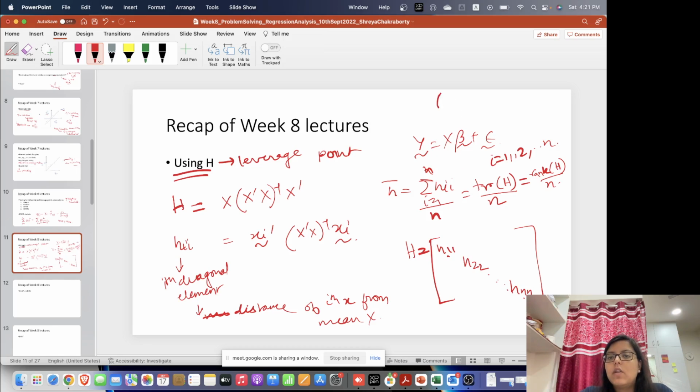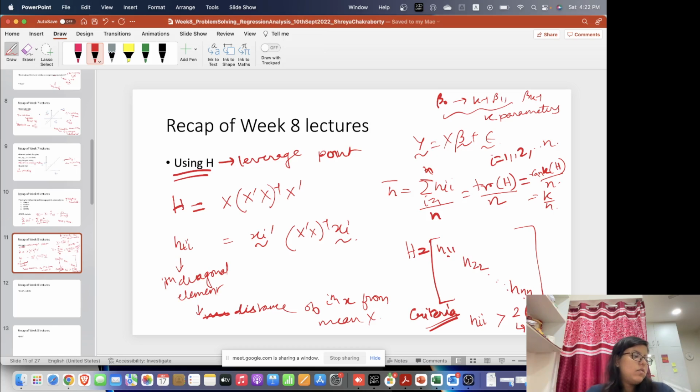Including beta naught and beta 1 to beta k minus 1, we have in total k parameters, let's say. So this would be k by n. The criteria to detect a leverage point is that if the ith observation has an h_ii value greater than 2k by n, then we say it's a leverage point.